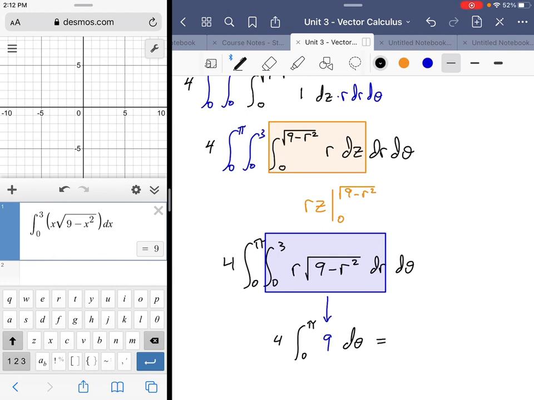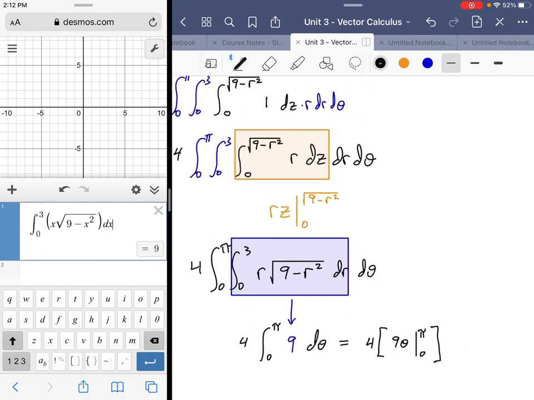All right, so we have 4 times, well, it will be 9 pi, but 9 theta first over the interval of 0 to pi. And so we're looking at 4 times 9 pi minus 9 times 0, so 36 pi.